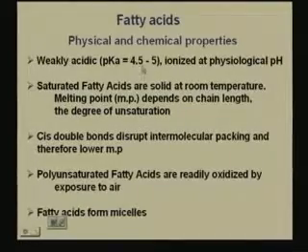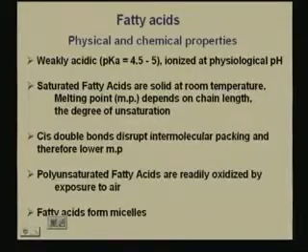So, we have weakly acidic fatty acids. The saturated fatty acids are solid at room temperature. The melting point depends upon the chain length and the degree of unsaturation. The cis bonds, with the kink in the cis bonds, disrupt the molecular packing. Okay? So, it lowers the melting point.